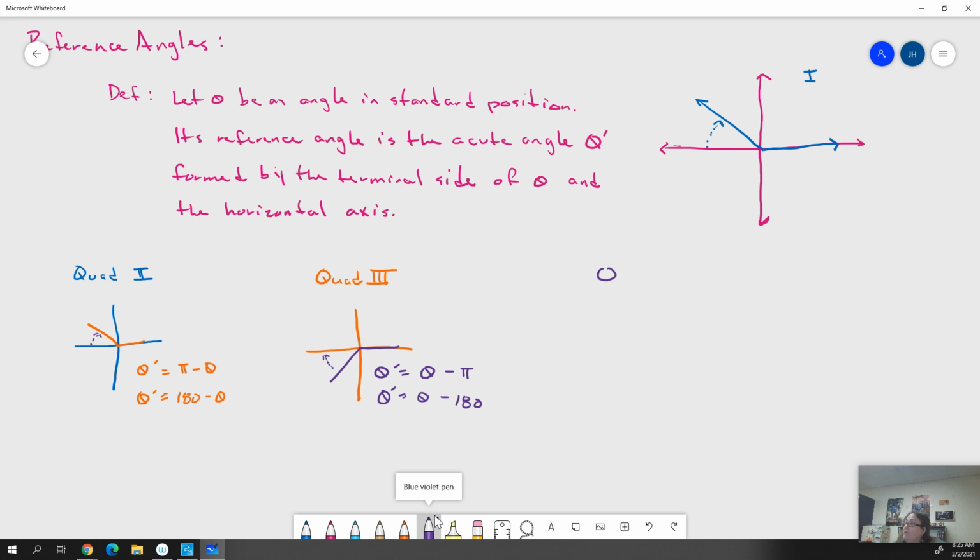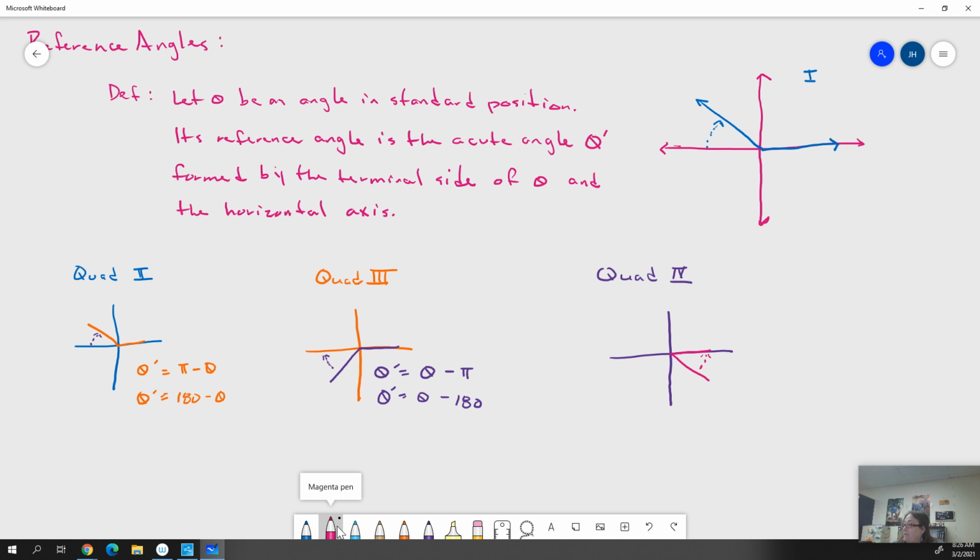So for quadrant 4, we're going to have an angle that starts here and ends somewhere in here, right? And so this distance is our reference angle. We're dealing with only those horizontals.